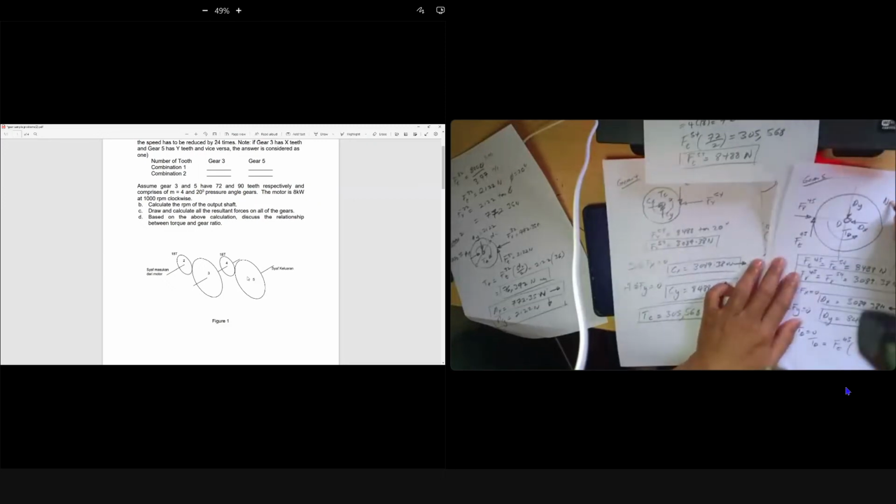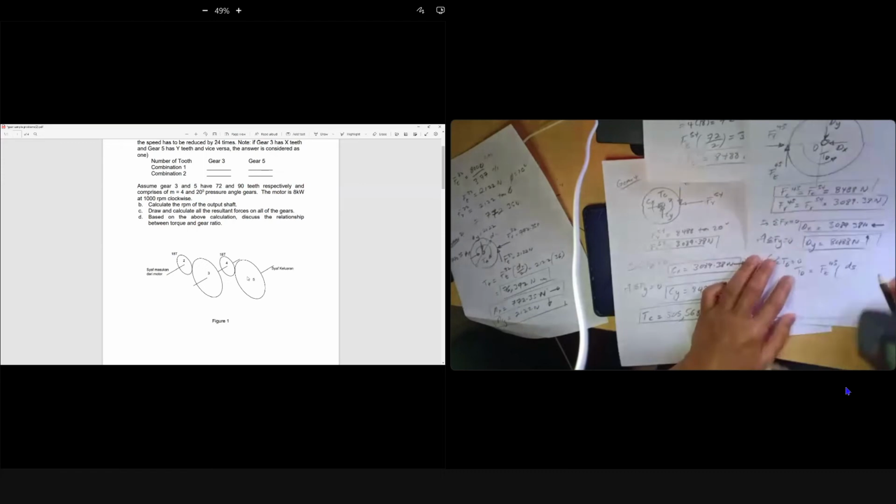Okay, summation of torque at D equals to 0. So this is point D lah. Torque D kita perlu equal to F tangent ni. F tangent for 5 times diameter of your gear 5 over 2. Gear 5, N is 90.